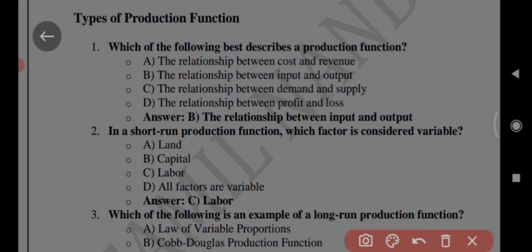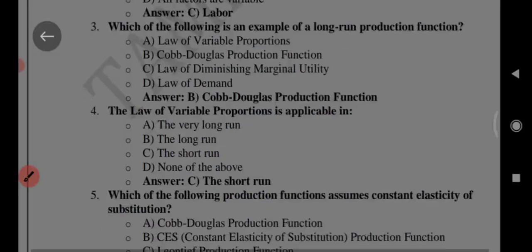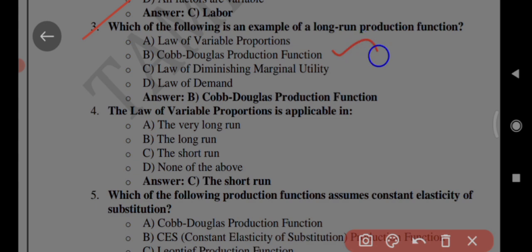Option C, labor. Which of the following is an example of a long run production function? Option B, Cobb-Douglas production function. The law of variable proportions is applicable in option C, the short run.